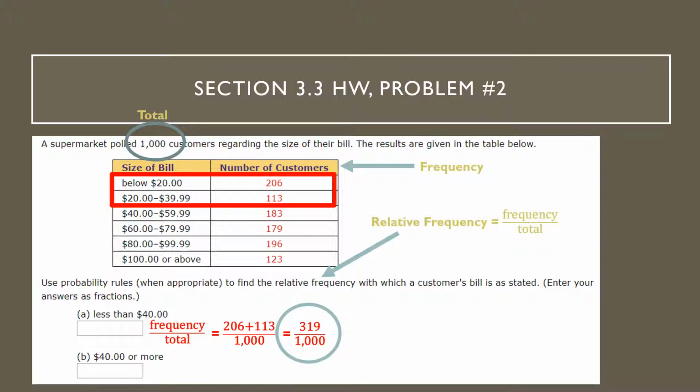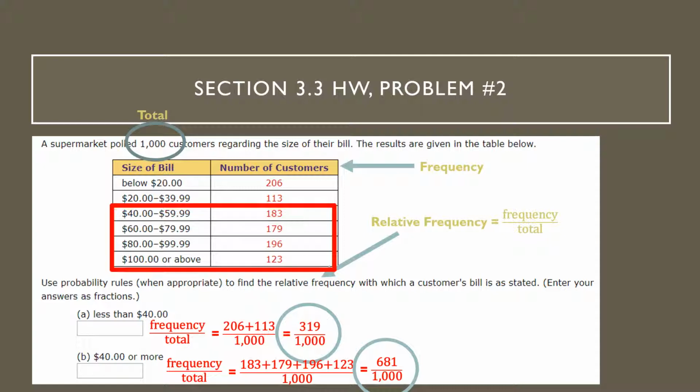So there's your answer. Now once again, I'm sure you guys can figure out part B since you've seen part A, but I'm just going to really quickly go through it and show you how to find the answer. This is find the relative frequency with which a customer's bill is $40 or more. All right, so let's look at our table. $40 or more, that is the bottom, let's see, 1, 2, 3, 4 rows.